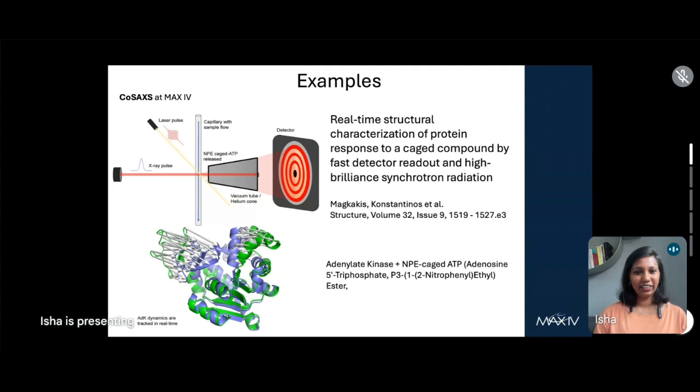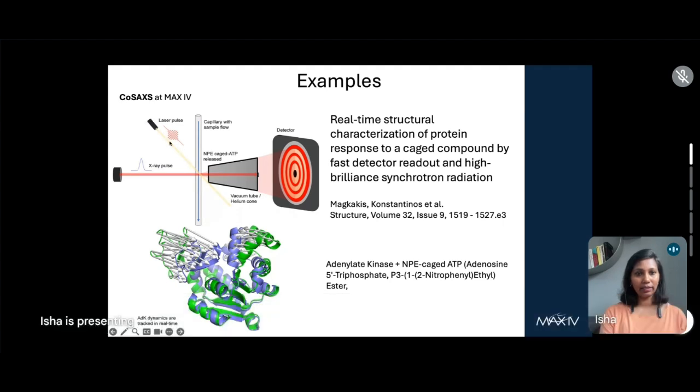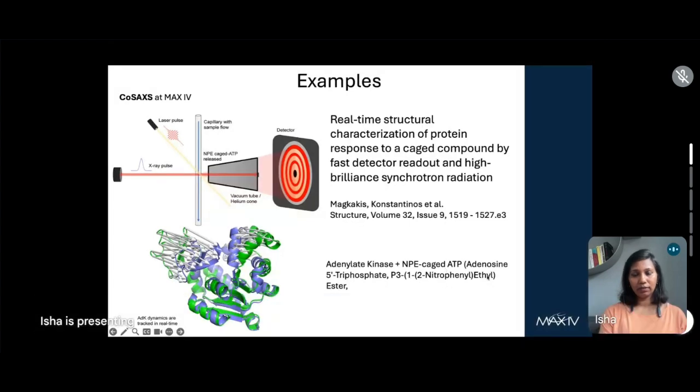What you can also do is look at a reaction occurring in real time. You take your protein sample, add your ligand to it, and pass it through a capillary, for example. Here you activate the reaction by a laser pulse, because we are working with NPE caged ATP, which is nitrophenylethyl ester.